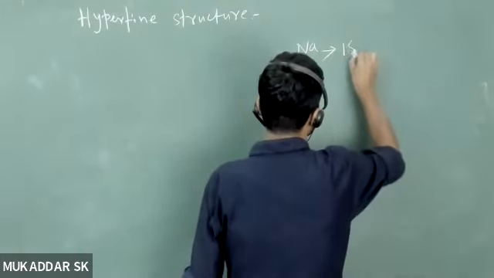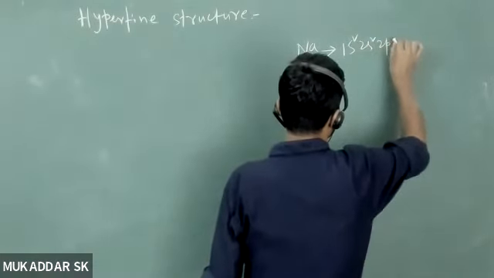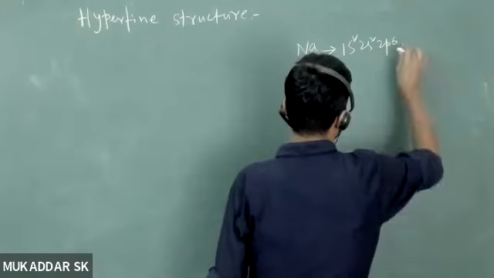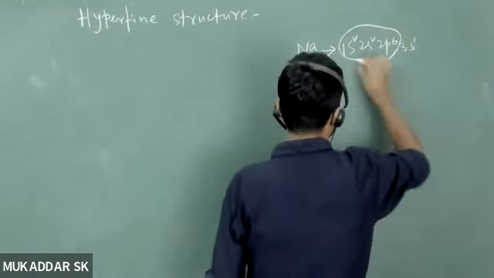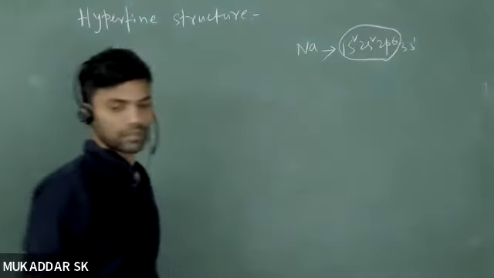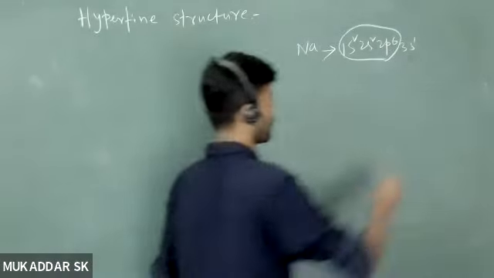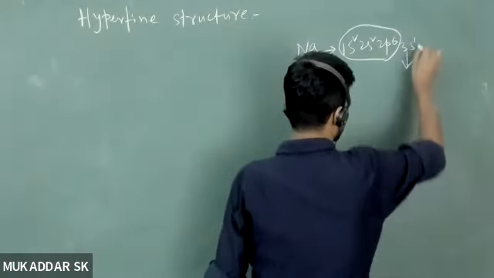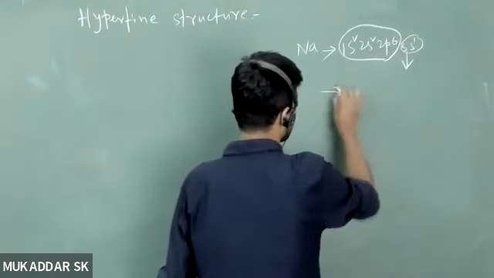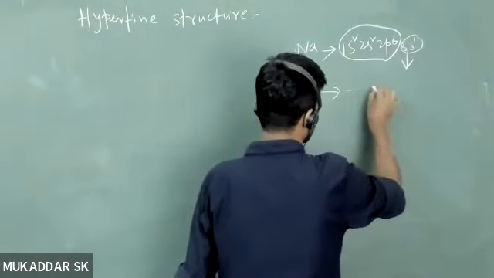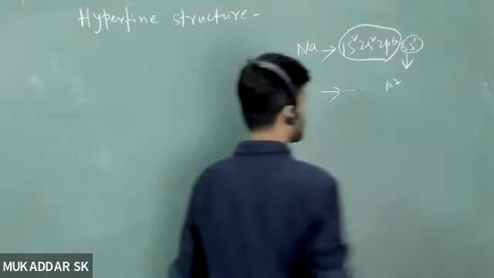Its configuration is 1s2, 2s2, 2p6, and 3s1. That will basically provide you 0 L and 0 S, so whatever contribution you are getting will be from 3s. But let us assume in some other case that the last electron configuration is p2 or something like that.